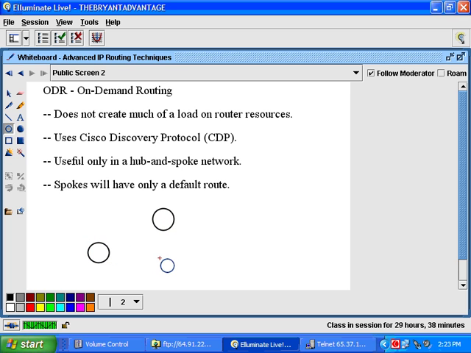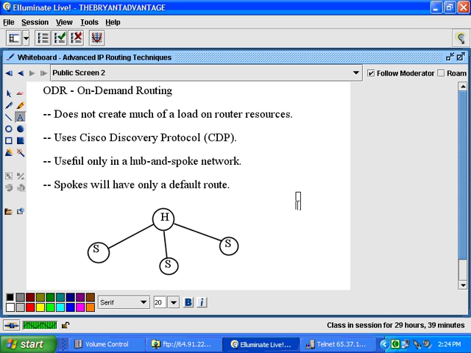Now, as I mentioned, it doesn't create much of a load on router resources, because, as you know, CDP has very little overhead. And when it comes to Cisco routers, everything we do has a cost. There's a reason that we don't rush right back to the production network after taking a class or watching my videos or working in your home lab and saying, hey, I learned 37 new commands last night, I'm going to put them all on the router.